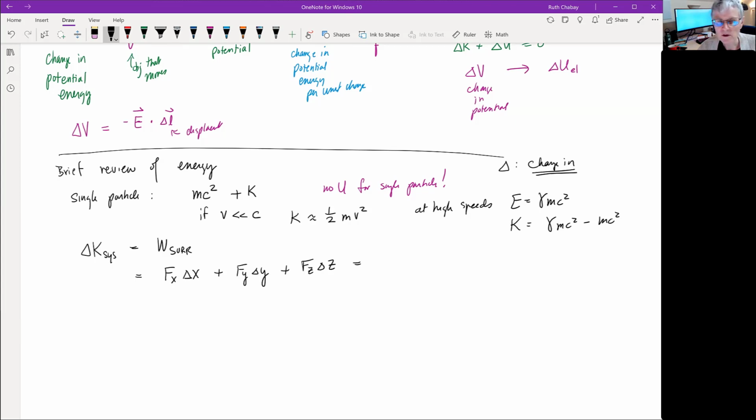And we found, remember, that we could use vector dot product notation for that.